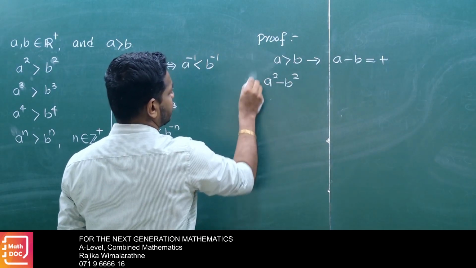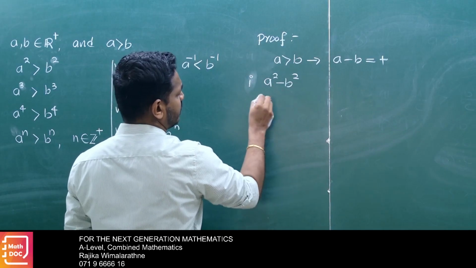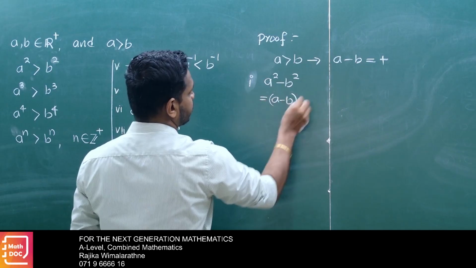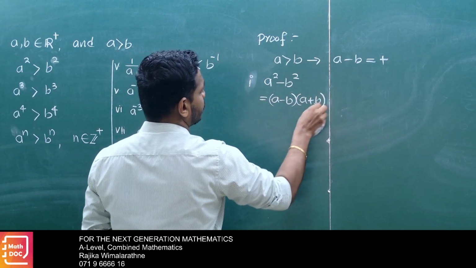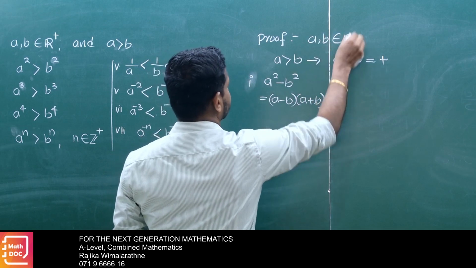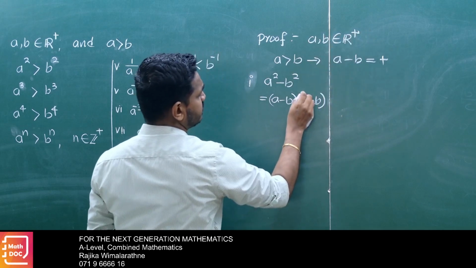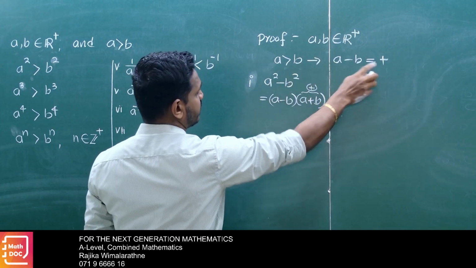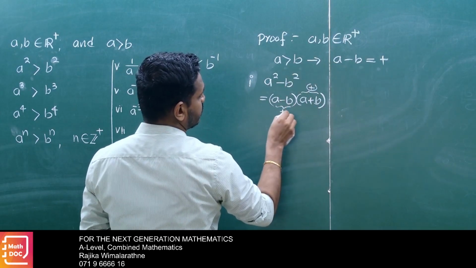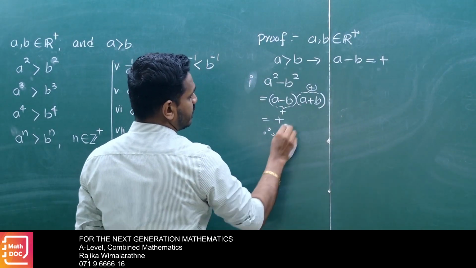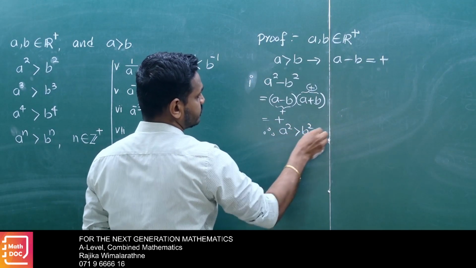Here the factors are A minus B, A plus B. We know A, B are positive real numbers, no? Then definitely the addition is positive. Since A greater than B, A minus B is positive, then the full result is positive, no? That means A square greater than B square.